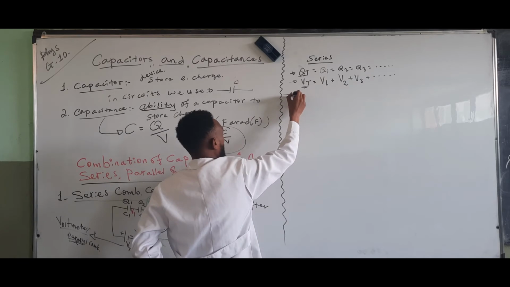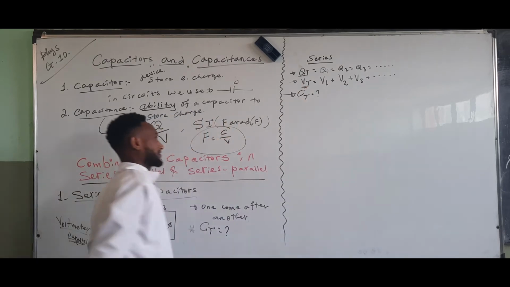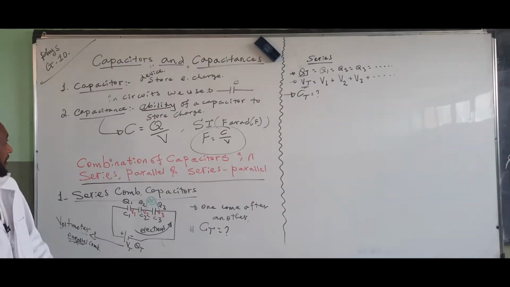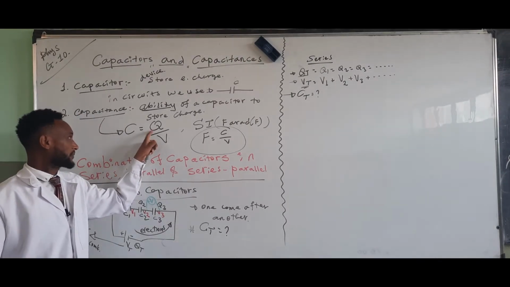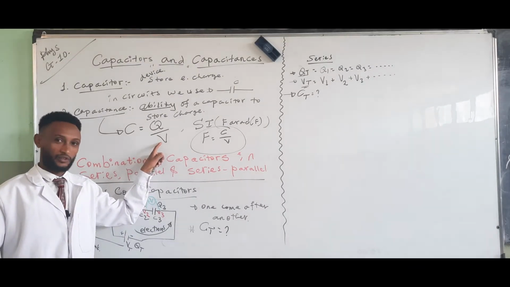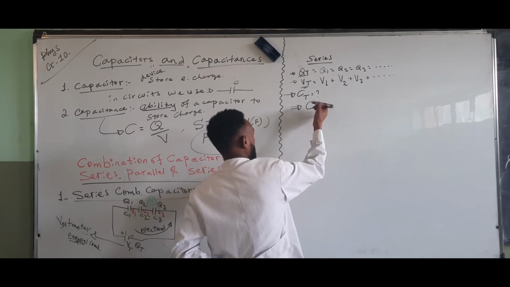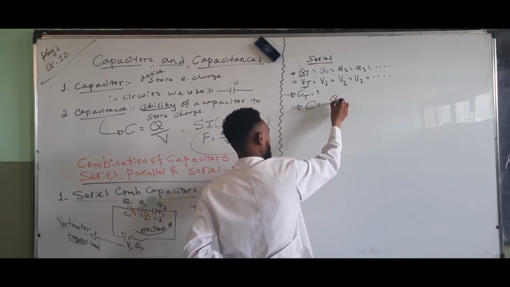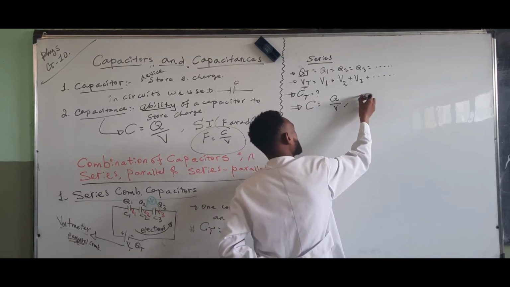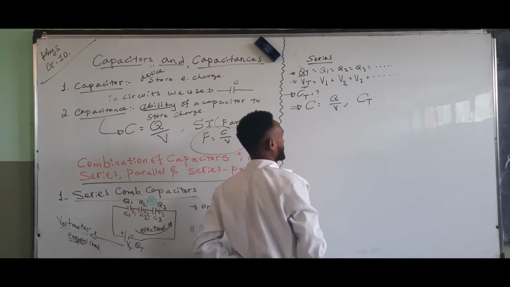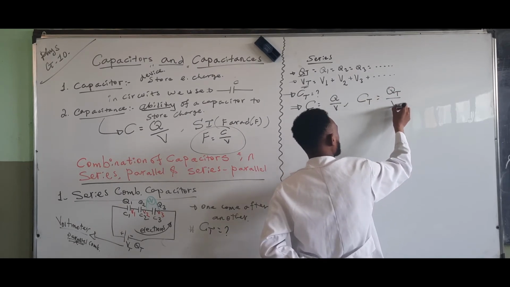How do we find the total capacitance of a capacitor? By definition, the capacitance of a capacitor is the ratio of the charge stored over the voltage. Then, the total capacitance is equal to the total charge over the total voltage.